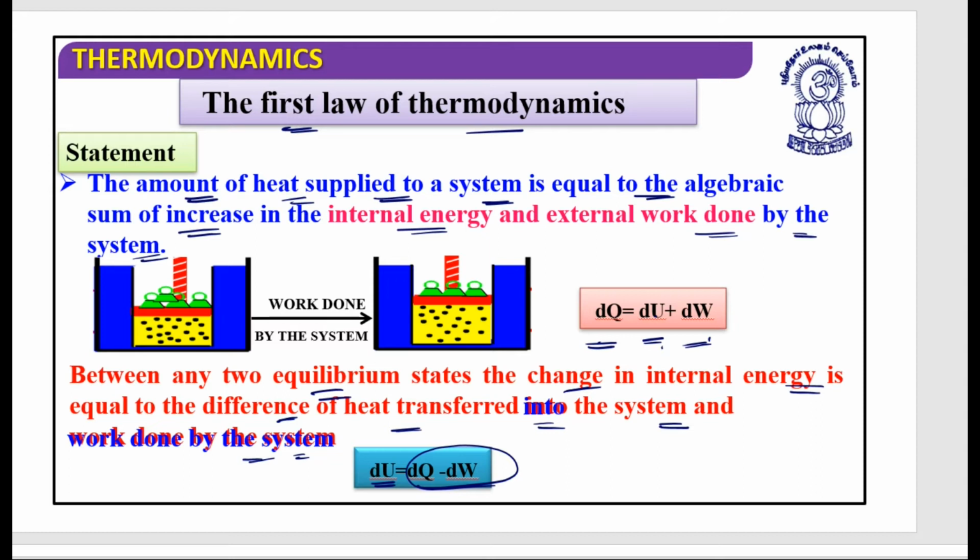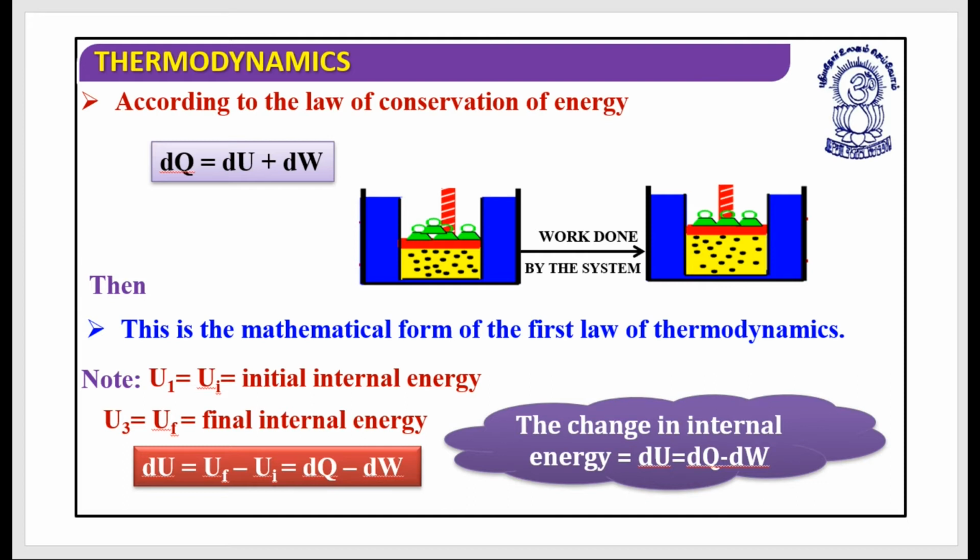I hope this is clear. This is also called the law of conservation of energy: whatever total amount of energy you receive, delta Q, is divided either into this or this.